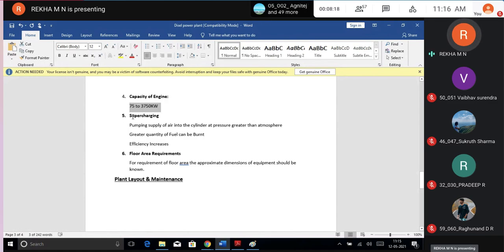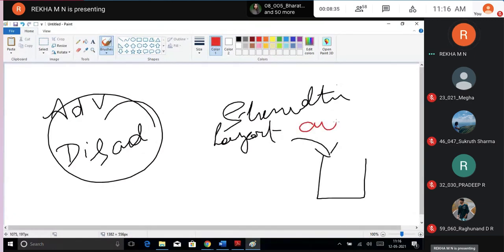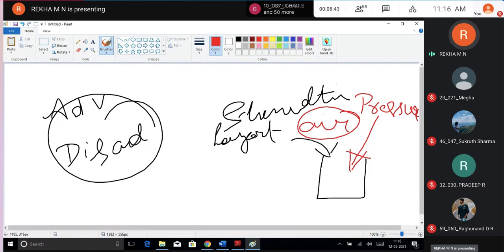The most important thing is nothing but supercharging, students. People commonly keep talking about supercharging. Yesterday in the first chapter I was showing the diagram wherein I was telling, whenever you have air, atmospheric air only, you can just give it. But if you give pressurized air, what will happen, students?